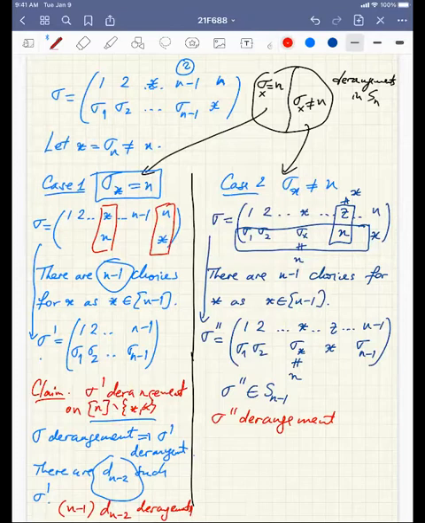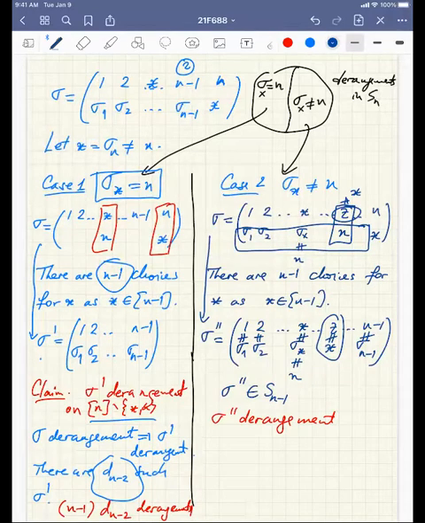And why is that? Well, everything was inherited from sigma. So 1 is not sigma 1, 2 is not sigma 2, x is not sigma x, n minus 1 is not sigma n minus 1. And because we are in case 2, we have this additional hypothesis that the element that is mapped to n, this z here, is not x. So here, because z is not x, that tells us that sigma double prime is a derangement in Sn minus 1.